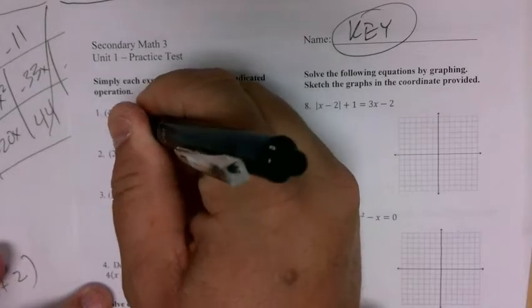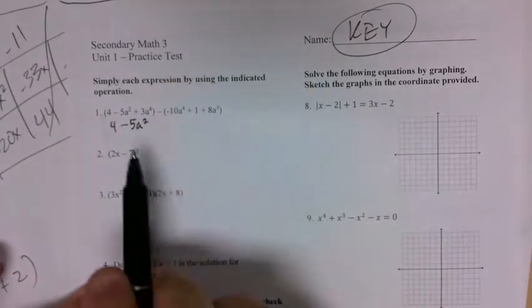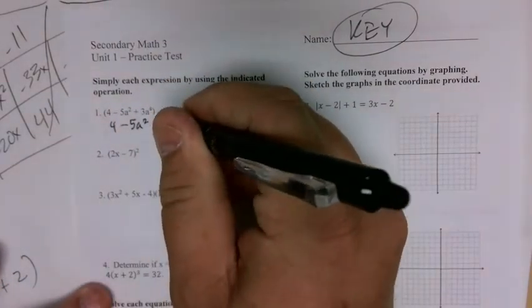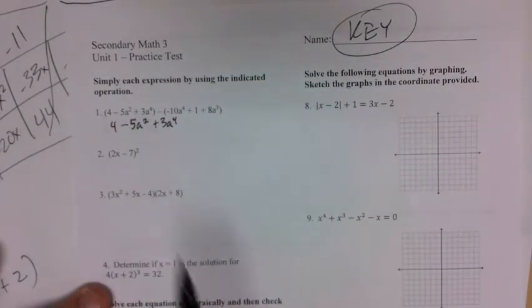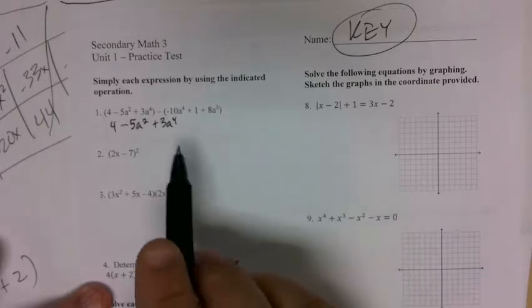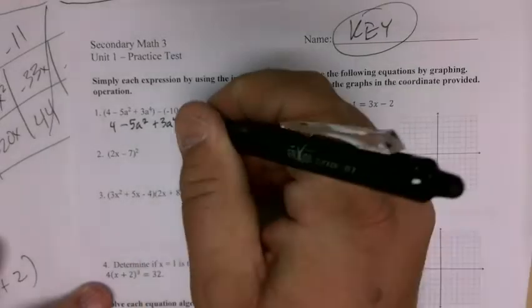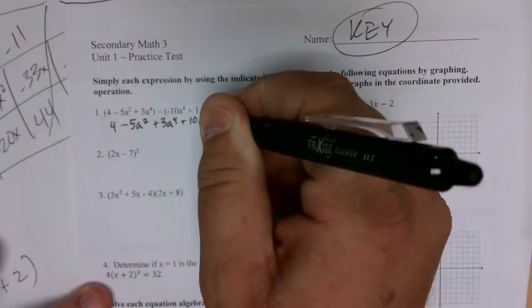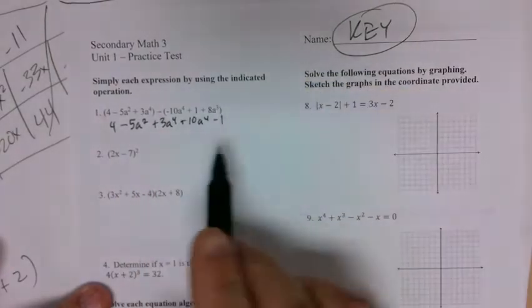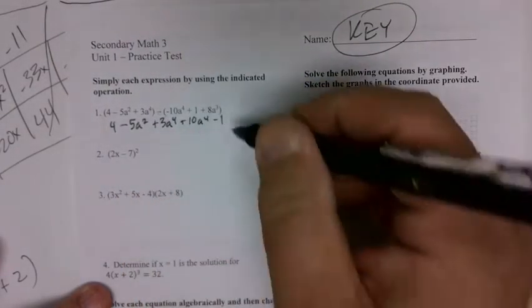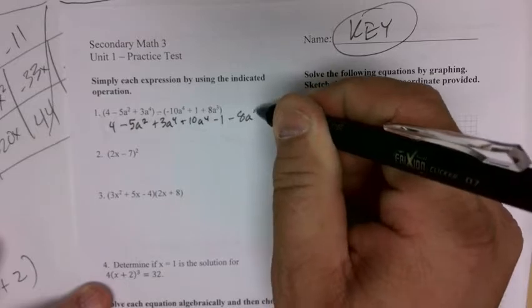So I'm just going to rewrite this first set of parentheses, 4 minus 5a squared plus 3a to the fourth. By the way, do not assume that these powers are in order, either forwards or backwards, because that's not always the case. Minus a negative, that's plus 10a to the fourth, minus 1, so I'm going to change all of these signs. Minus a positive gives me a negative 8a cubed.